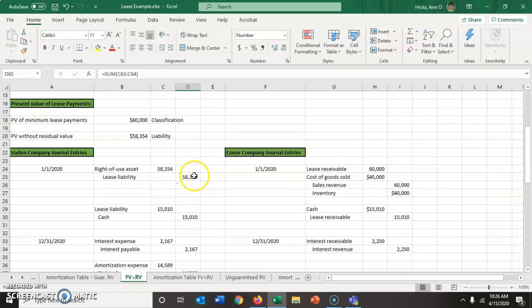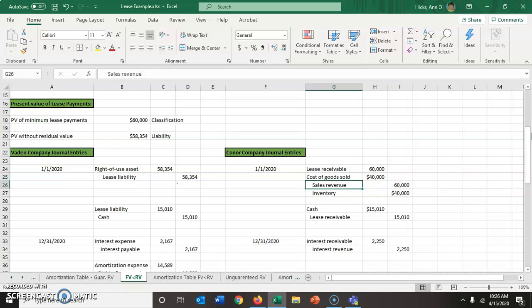Now, on Connor's books, on the books of the lessor, nothing really changes throughout the life of the lease. The amount of the lease receivable is still the present value of the minimum lease payments, including the guaranteed residual value.